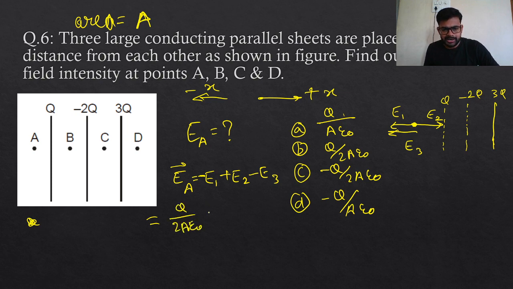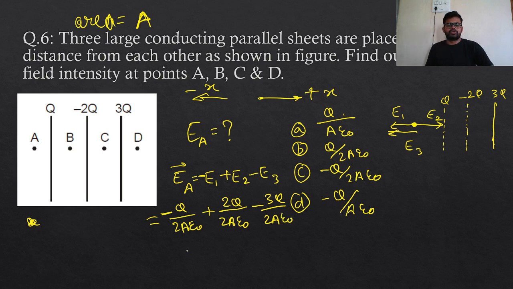Because of the second plate, this is 2Q upon 2A epsilon naught. Third plate, minus 3Q upon 2A epsilon naught. Why negative? Because this charge is positive but still the field is negative, because the direction is negative. Remember, we are writing the sign according to direction, because electric field is a vector quantity.